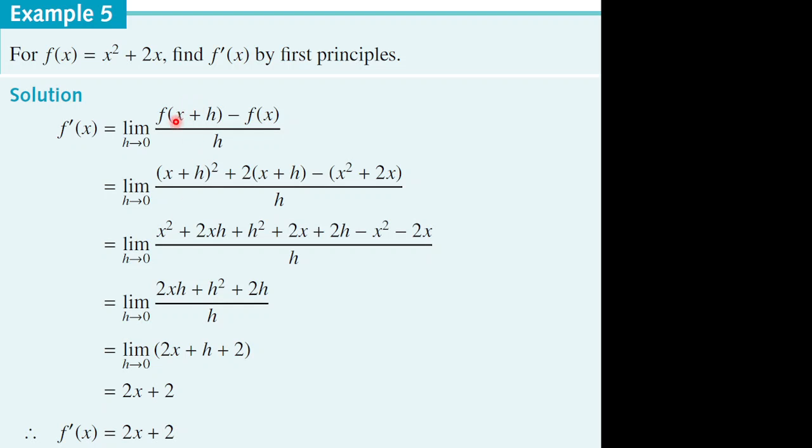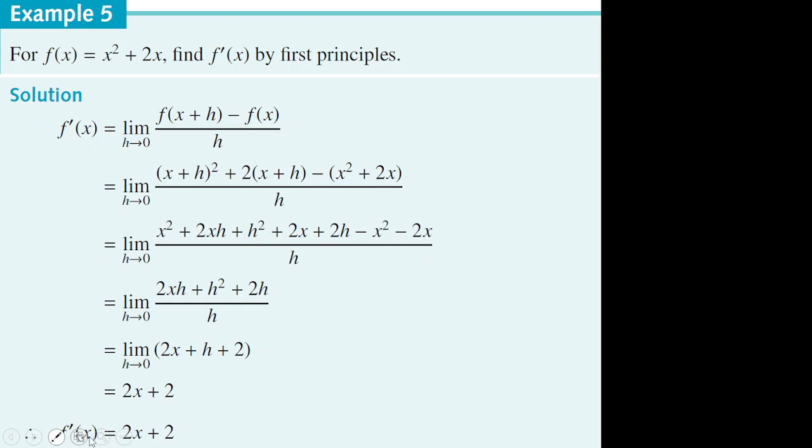You come up with your gradient, which is that expression. You expand the brackets, regroup the like terms, and try to simplify as much as you can. You get your expression, and then you do a limit when h approaches 0, which gives you 2x plus 2.